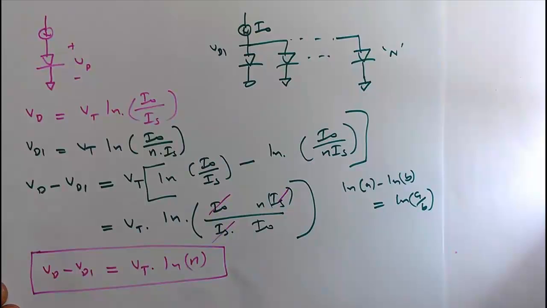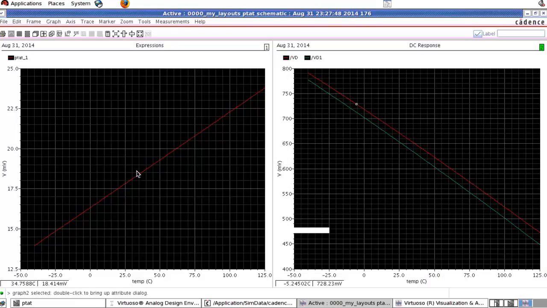You can see in the slides we already derived this expression, that is VD minus VD1 equal to VT ln n, and we said it is a PTAT. From the simulation also we got the same thing, it is a PTAT. When the temperature increases, the voltage is also increasing. That is the nature of the PTAT.